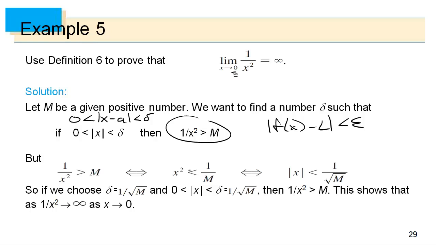These are all true at the same time. So if the absolute value is less than this, then this piece is true. So if we let our delta just be this answer that we got, then everything's true. And this shows that 1 over x squared goes to infinity as x goes to 0.